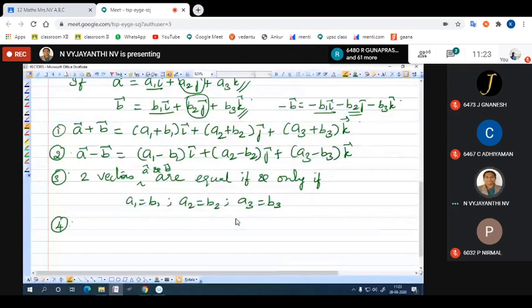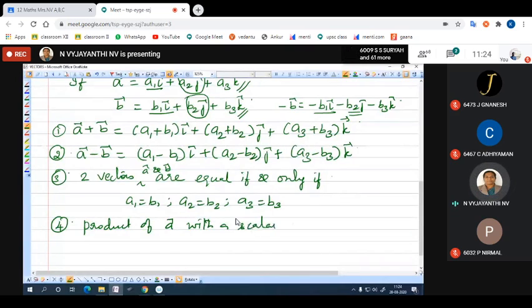Product of a vector with a scalar lambda. For example, we know a vector is a1 i plus a2 j plus a3 k vector, and if you multiply lambda with this a vector, what will be the result?